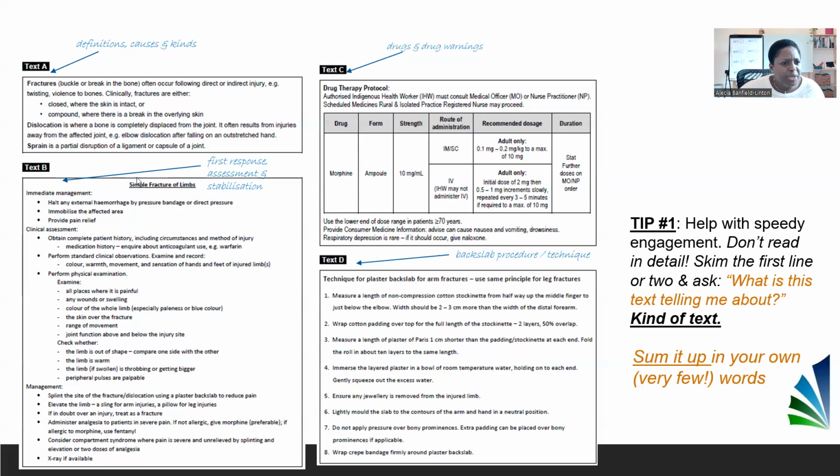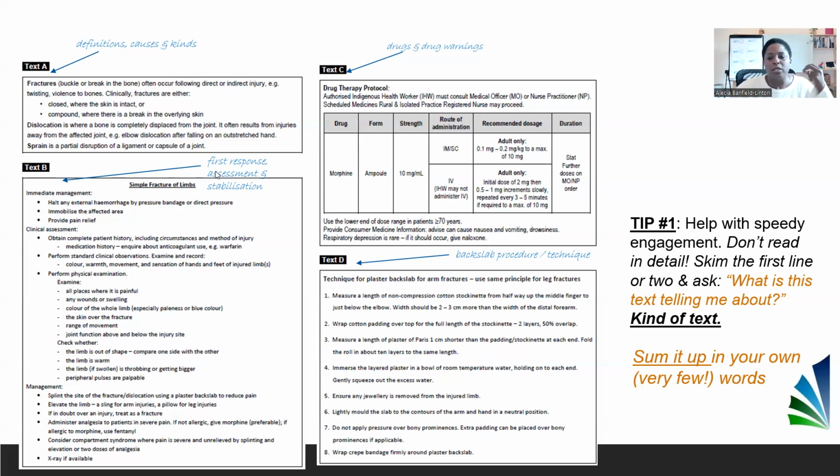Then I went to text B, and I quickly skimmed that, and I go first response, assessment, and stabilization. Now, these are just my words that I use because it's a familiar trigger for me. You will have words that work for you.